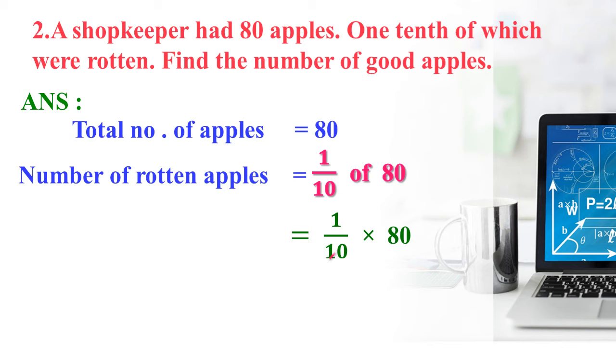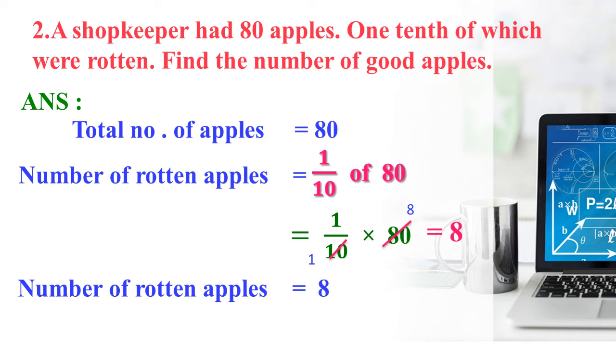Here 1 tens are 10, 8 tens are 80. So the answer is 8. Therefore, number of rotten apples equal to 8. Next, let us find the number of good apples.